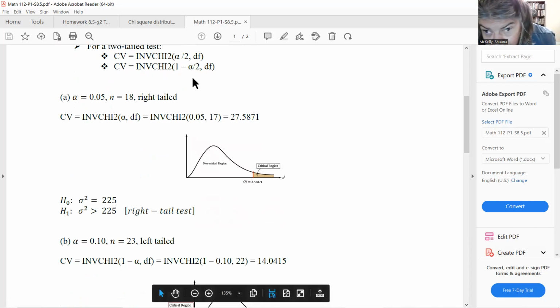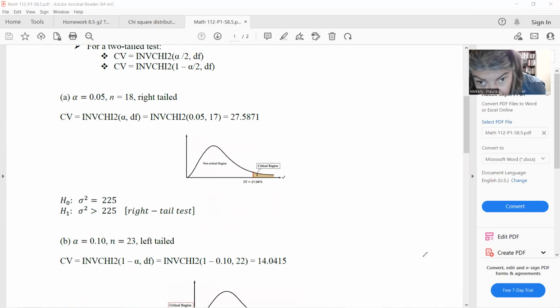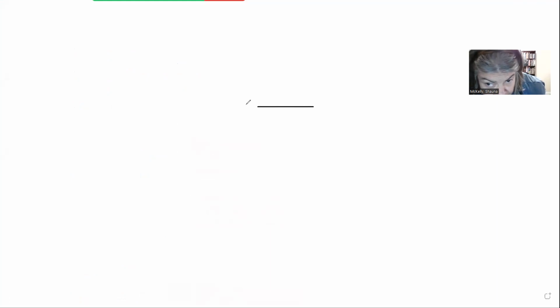Now, alpha is 0.10, n is 23, left tail. So here we go with that. We have our distribution. Now remember that your chi-square goes from 0 to infinity out here, right?